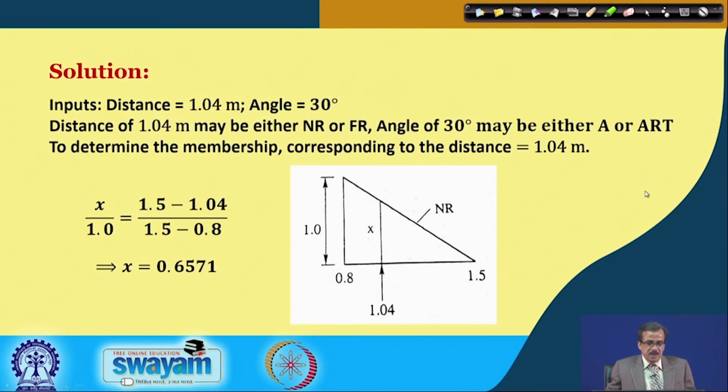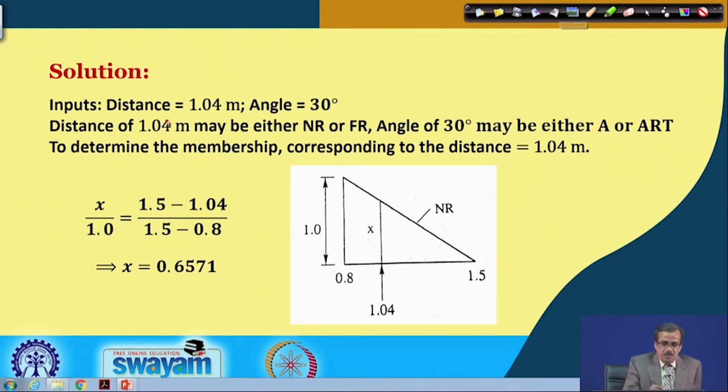Now, with this information, let me start with finding the solution. As I told, the distance of 1.04 meter can be called either near or far. Similarly, the angle of 30 degree may be called either ahead or ahead right.